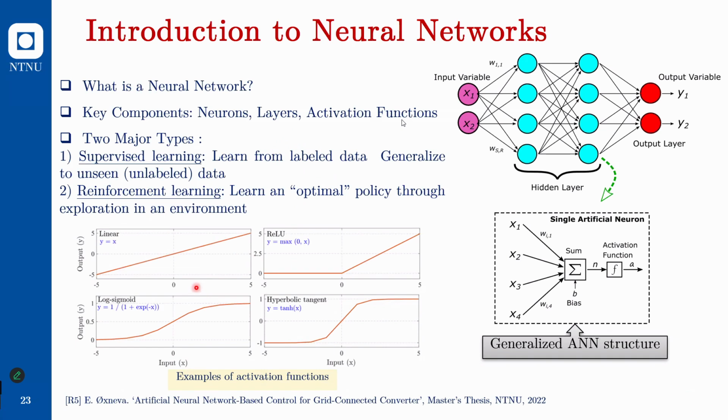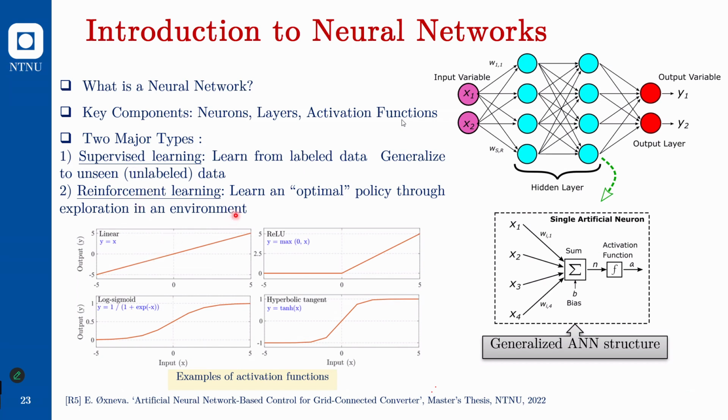So these are some typical examples of activation functions. Also, the major types that are used for power electronics control are mainly supervised learning and reinforcement learning. In supervised learning, we use labeled data to generalize to unseen data.